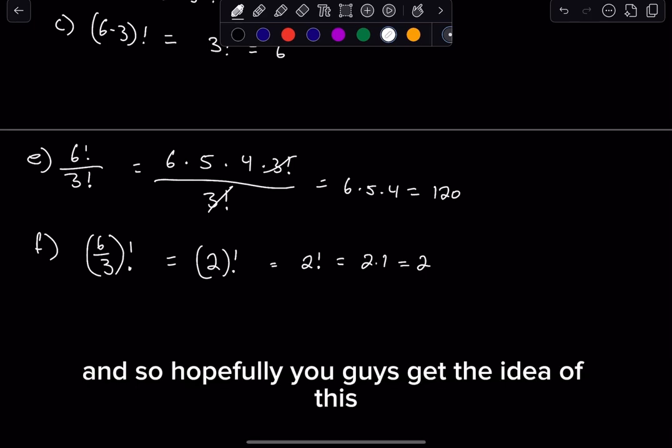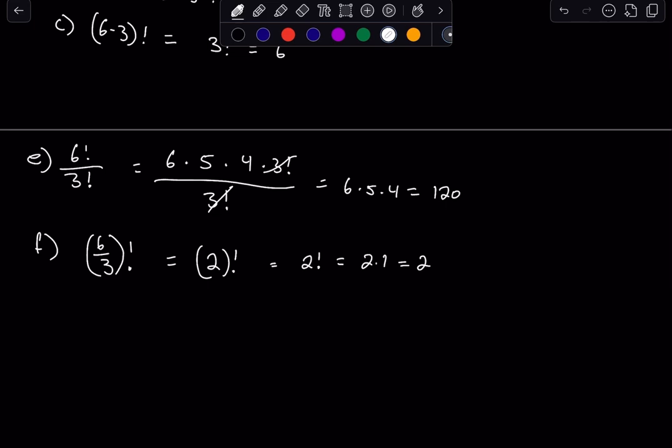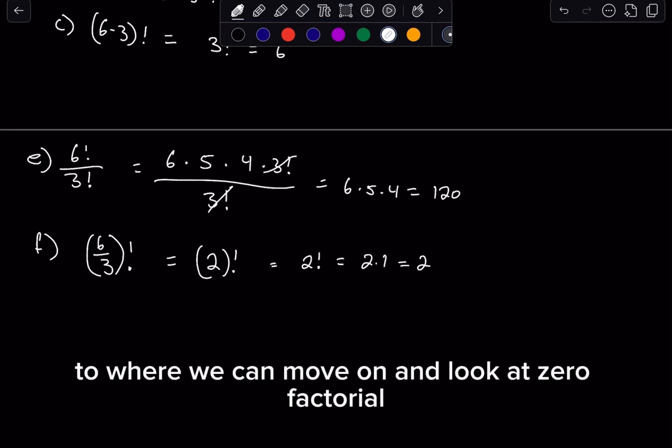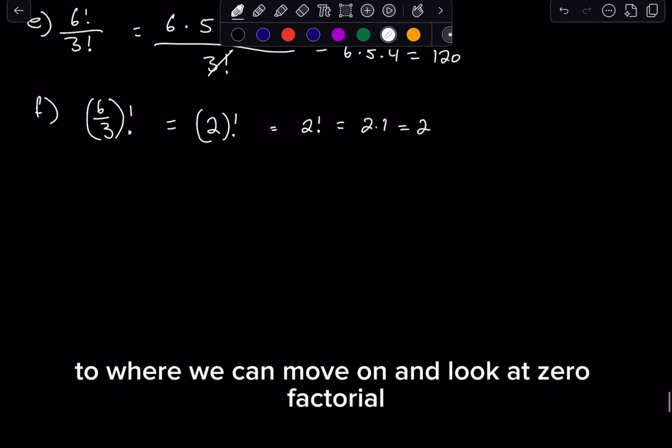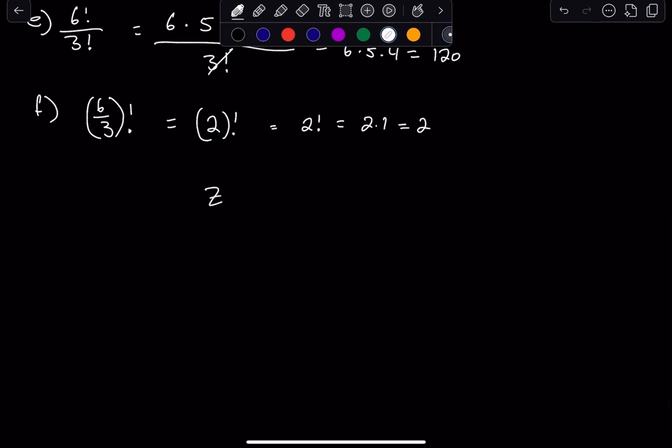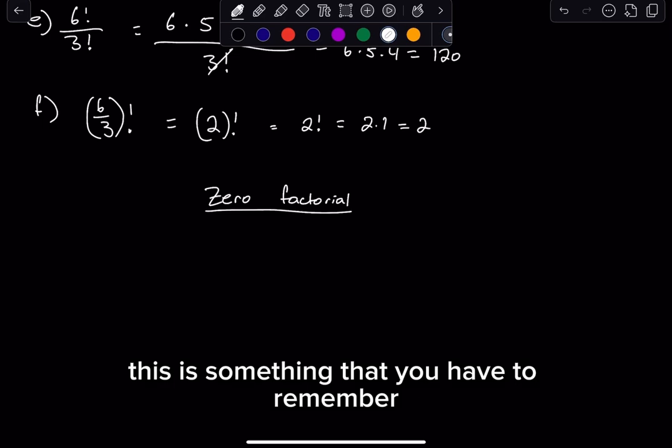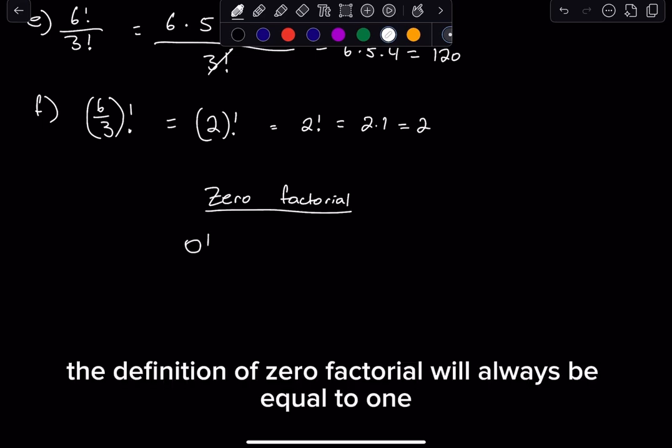And so hopefully you guys get the idea of this, to where we can move on and look at 0 factorial. This is something that you have to remember. The definition of 0 factorial will always be equal to 1.